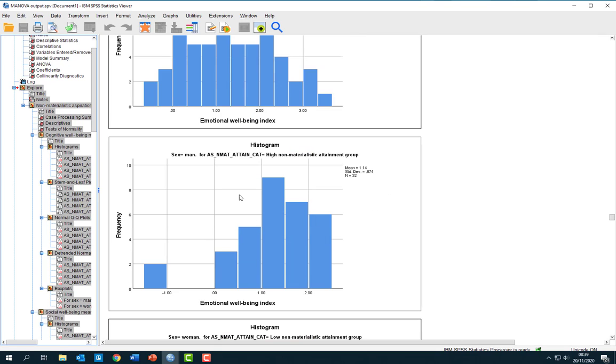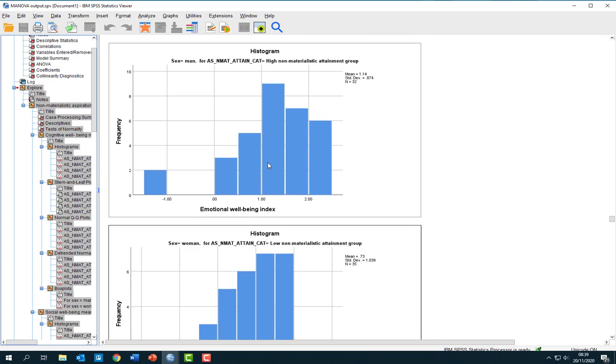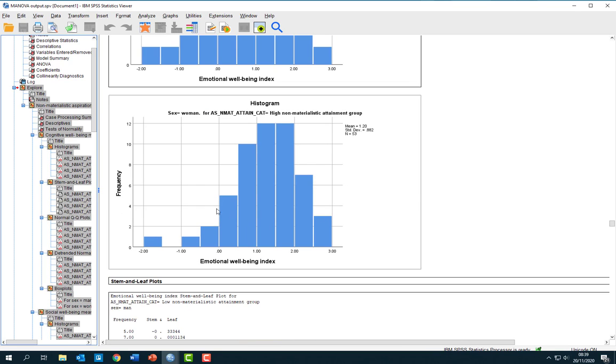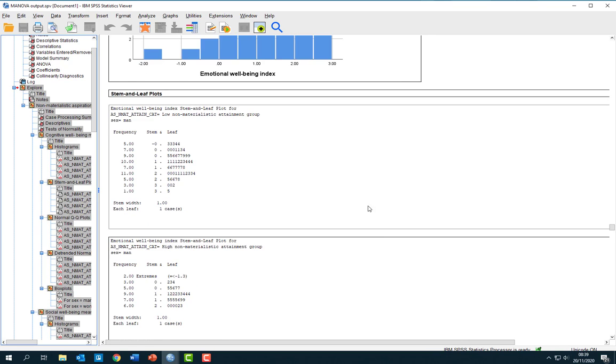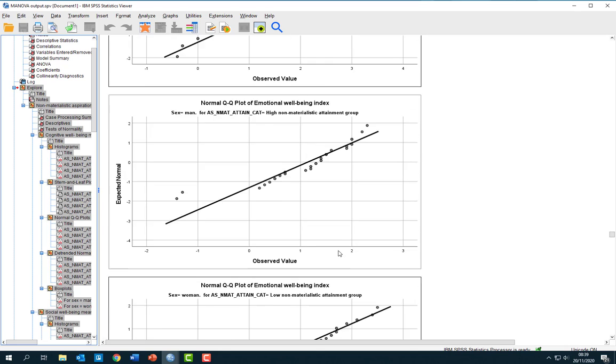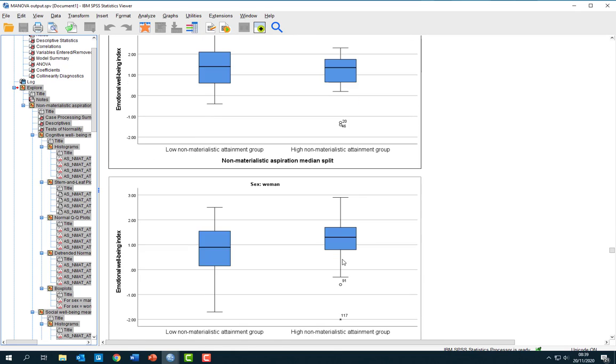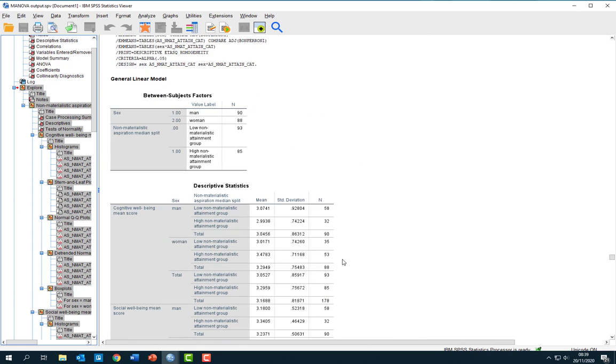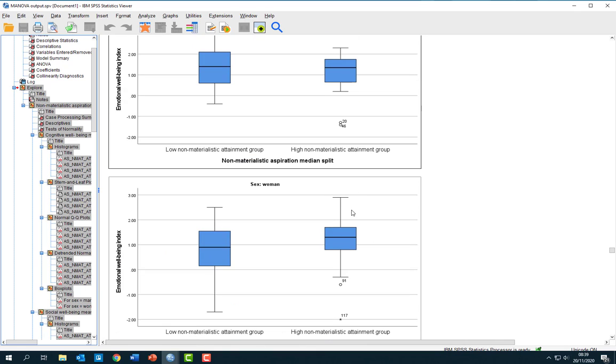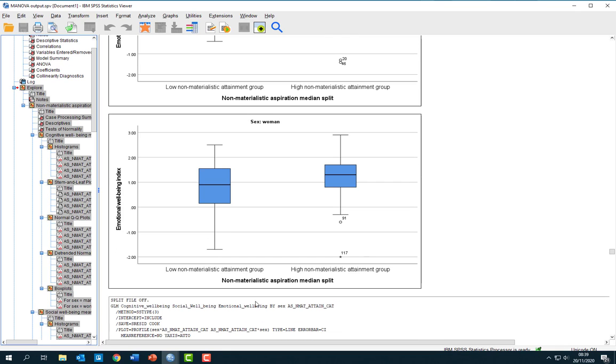So this is not looking particularly normal. That's not too bad. That's not too concerning. I'd say what we've looked at so far is mostly moderate violations, and given our sample size, that's not too concerning. We do have an extreme case here, and that is on the high materialistic attainment group for females on the emotional well-being index.